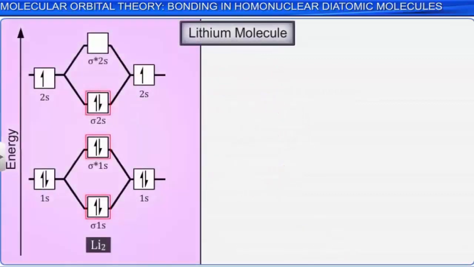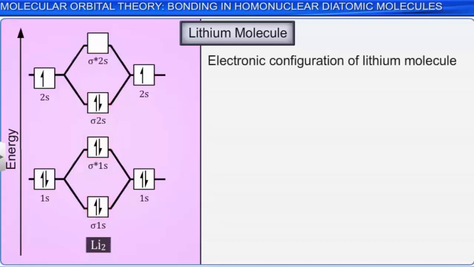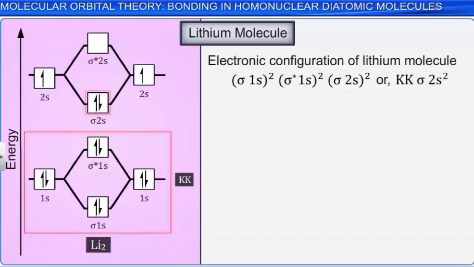The electronic configuration of a lithium molecule is sigma 1s2, sigma star 1s2, sigma 2s2. This configuration is also written as KK sigma 2s2, where KK represents the closed K-shell structure sigma 1s2, sigma star 1s2.